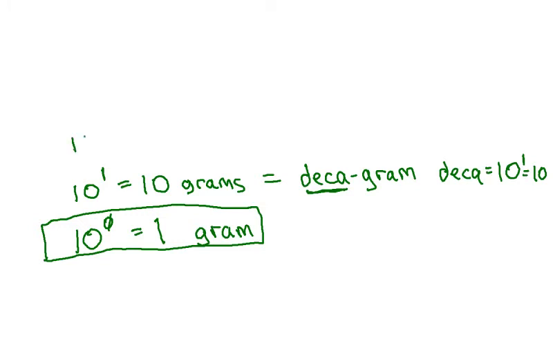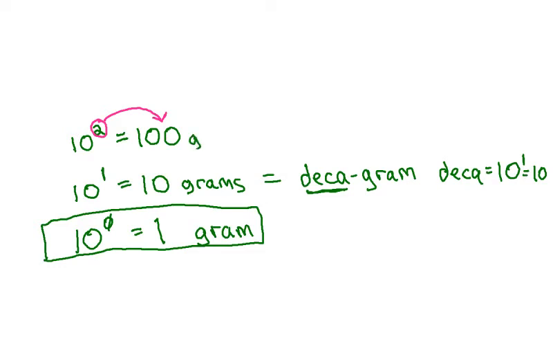So let's do another one. 10 to the 2, 10 raised to the second power is 100. Remember why it's 100? Because whatever power the 10 is raised to, that's how many zeros are in it. So 100.